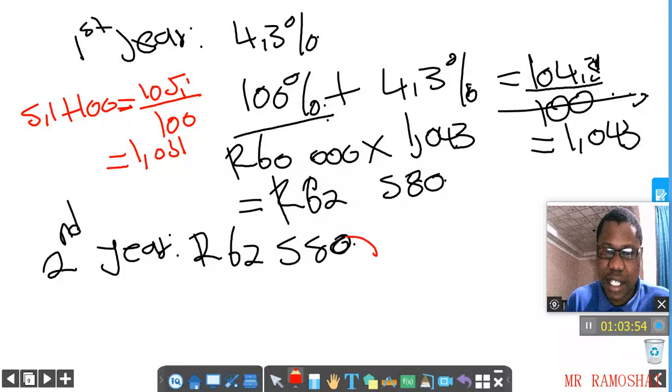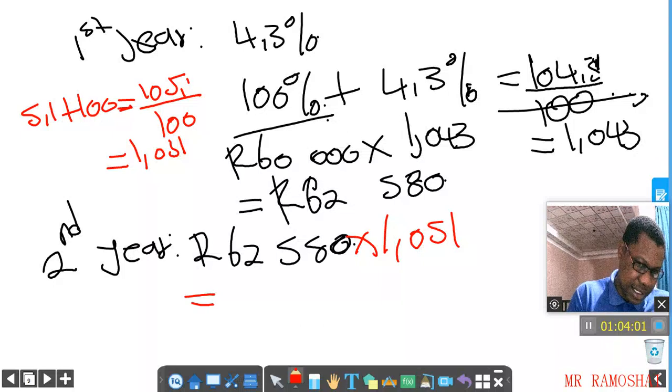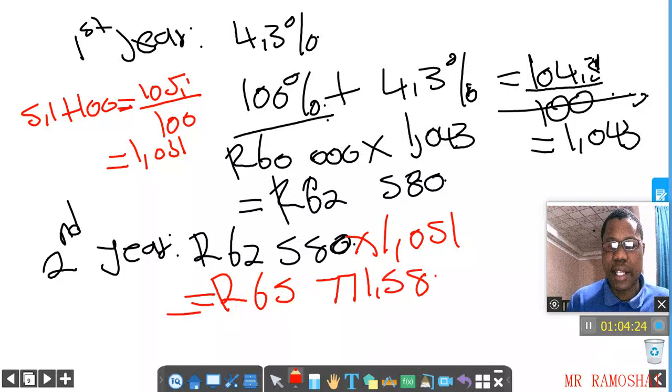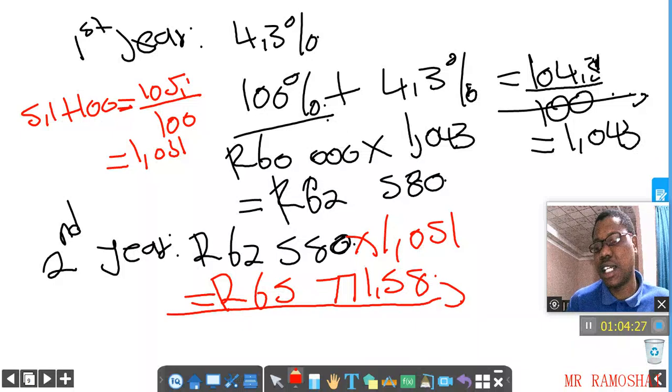So we can multiply here by 1.051. 62,580 multiplied by 1.051 now gives us 65,771.58, right?